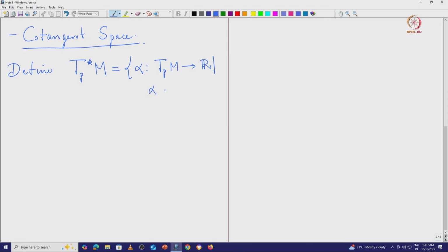So alpha is a linear map from the tangent space into R. Okay, so from linear algebra we know that if a vector space is n-dimensional, its dual is also n-dimensional. So the dimension of this thing is also n, and in fact one can again write down a basis.